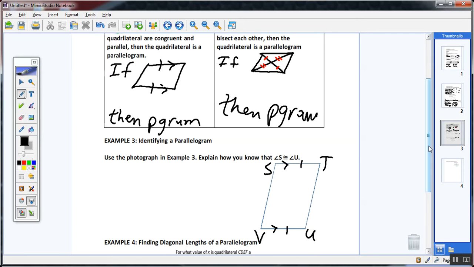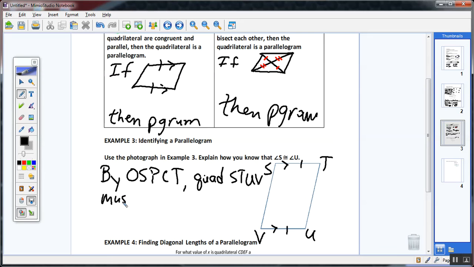So the first thing you can say, I'm going to say this by opposite sides parallel and congruent, OSPCT. I can say this quadrilateral, I'm going to abbreviate quad, S, T, U, and V must be what kind of a shape?